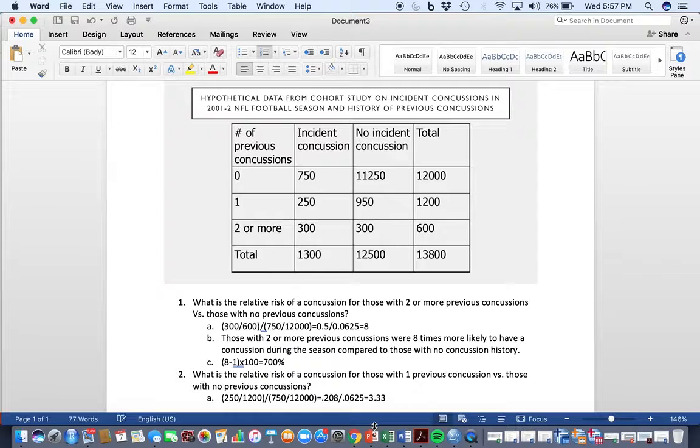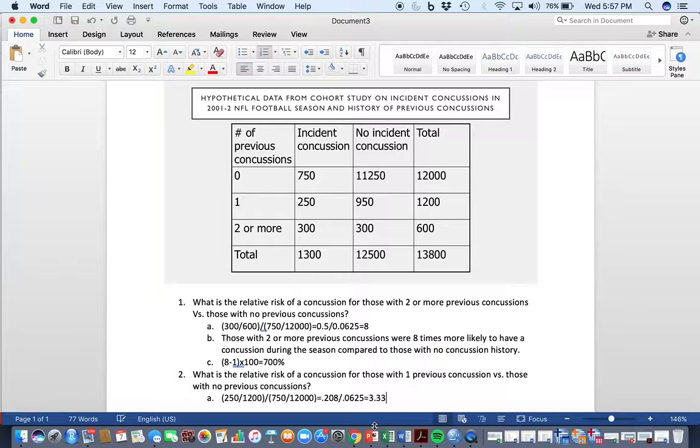So let's just think about it this way. Think about your exposure as the number of packs of cigarettes you smoke a day, and the outcome you're interested in is lung cancer. If it makes it easier, use the table and just think about it as 0 packs a day, 1 pack a day, 2 or more packs a day, and then your incidence would be of lung cancer.